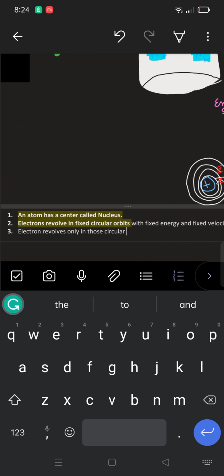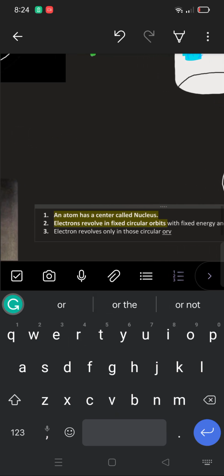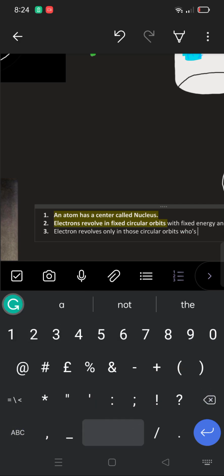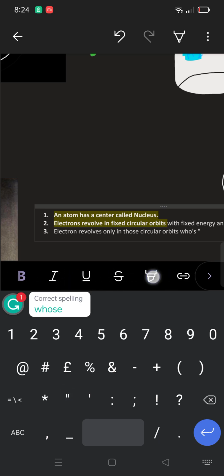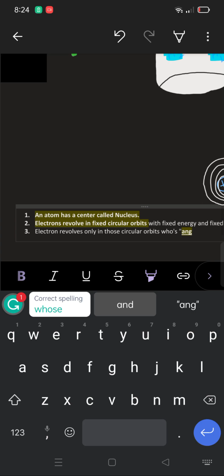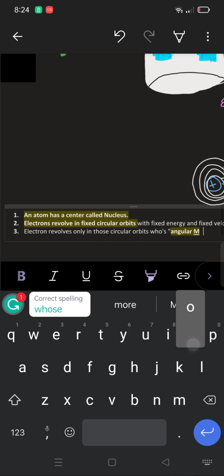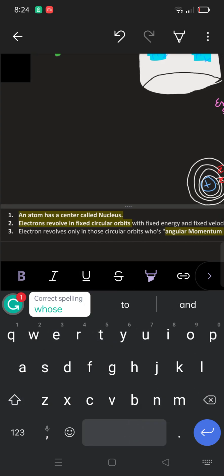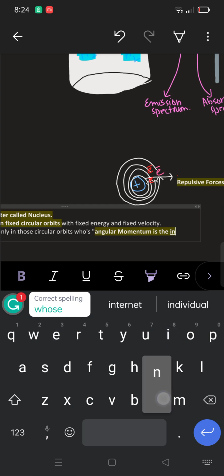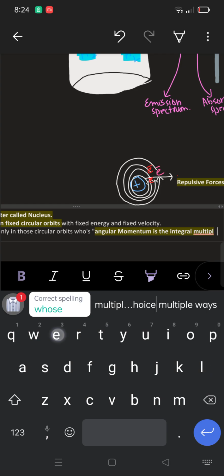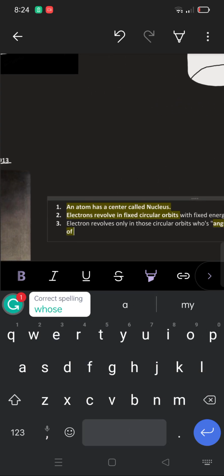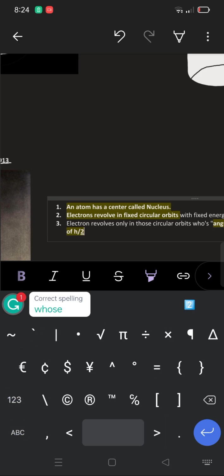So the electron revolves only in those circular orbits whose angular momentum is the integral multiple of h by 2 pi, right?